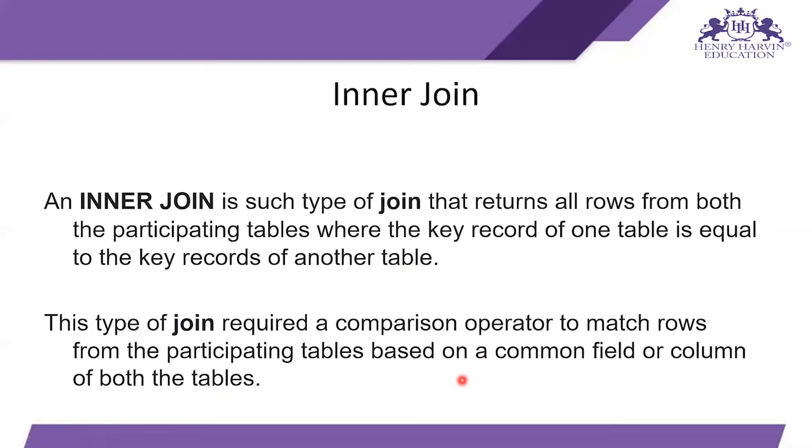Let's say we are combining two tables, like two data sets, one data set from the customer side and one data set from the seller side. So let's say a seller is selling five products, and the customer buys three products.